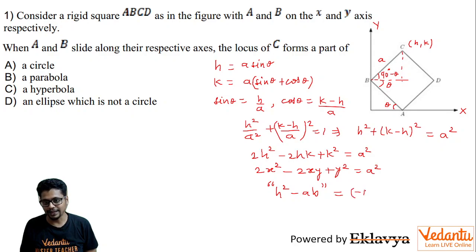So h is minus 1. So h square minus ab is minus 1, which is negative. So here h square minus ab is negative, and hence the locus is an ellipse which is not a circle. So D is the correct answer. Thanks for listening.